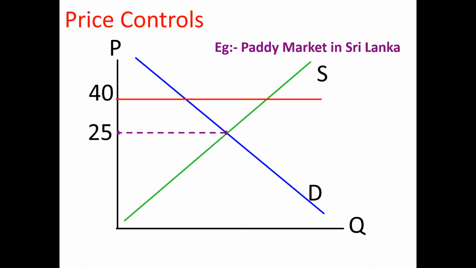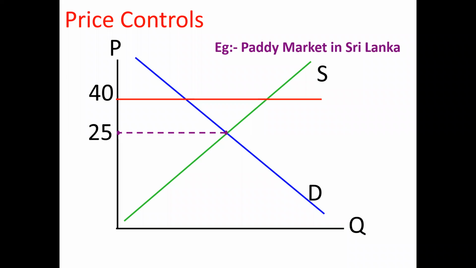Government says no one can buy a paddy kilogram less than 40 rupees. Minimum price of a paddy kilogram is 40 rupees. කිසි කෙනෙකුට ඊට වඩා අඩු මිලකට paddy purchase කරන්න බෑ. Illegal.